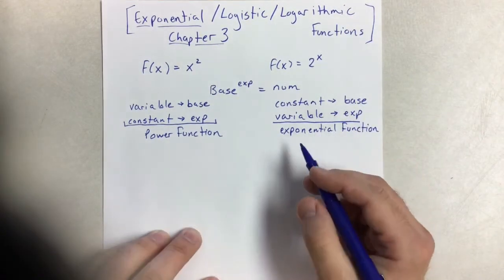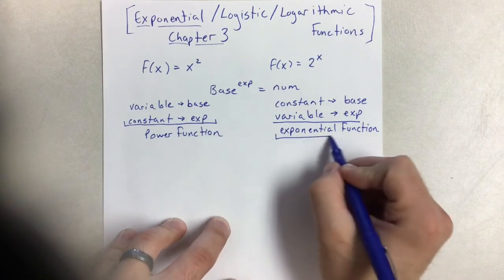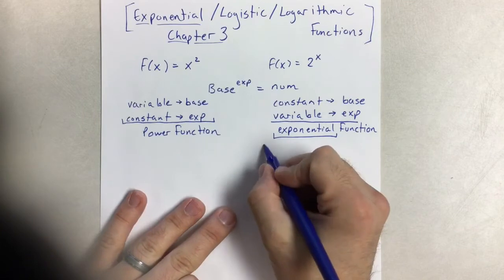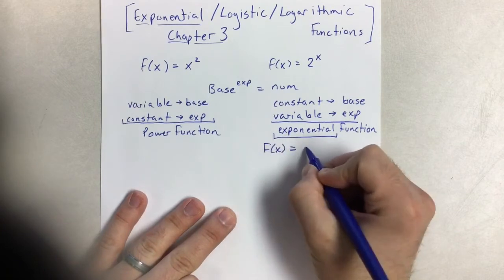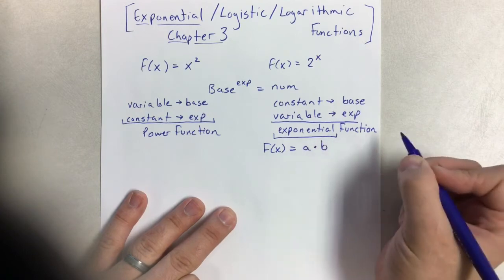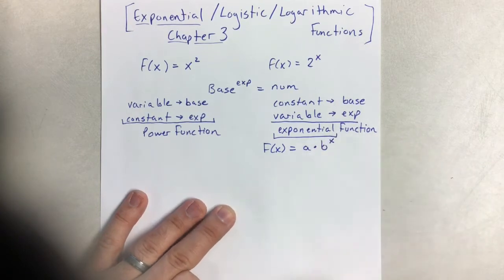So the basic form of an exponential function, most often we see it as this: some value a multiplied by some value b raised to the power of x.